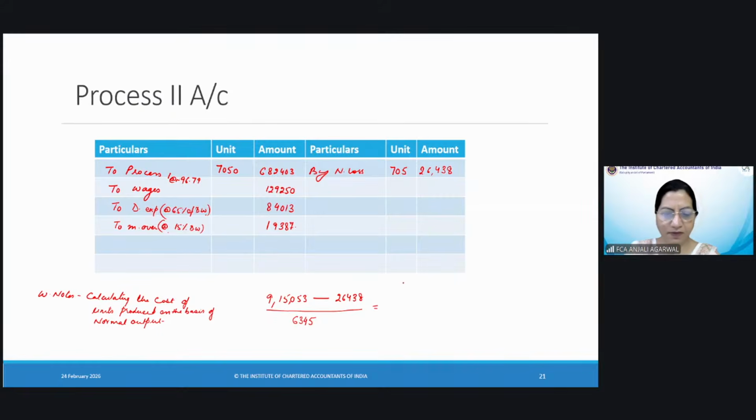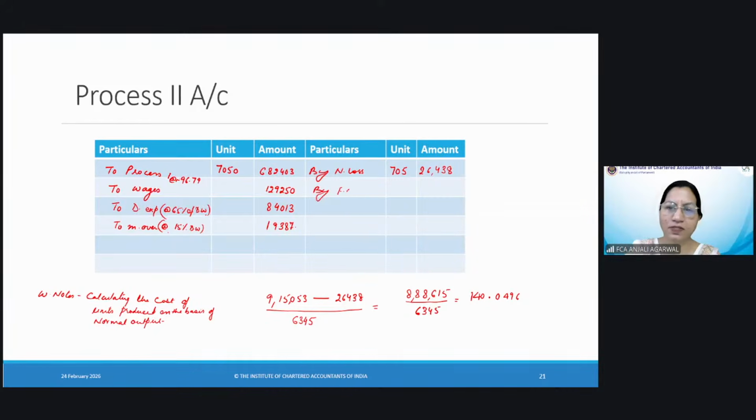So this comes out to be 8,88,615 divided by 6345. So once again, the rate comes out to be 140.0496.